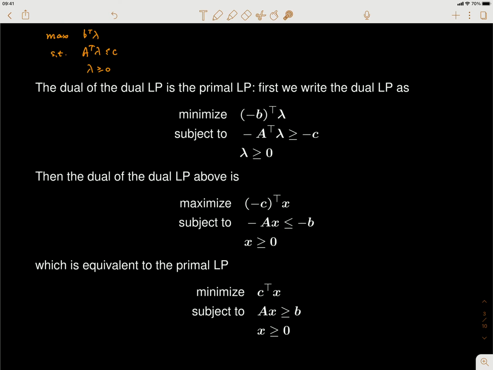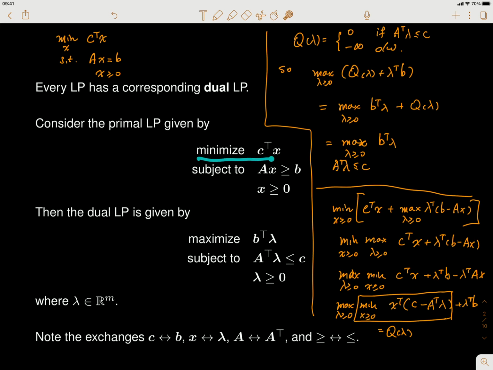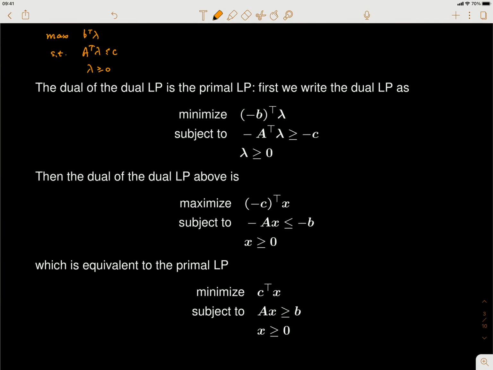To get a primal problem, we need this kind of form, right? We need minimizing a linear function, and here we need greater than or equal to b. That's not difficult, because maximizing this is the same as minimizing the negative b transpose times lambda.